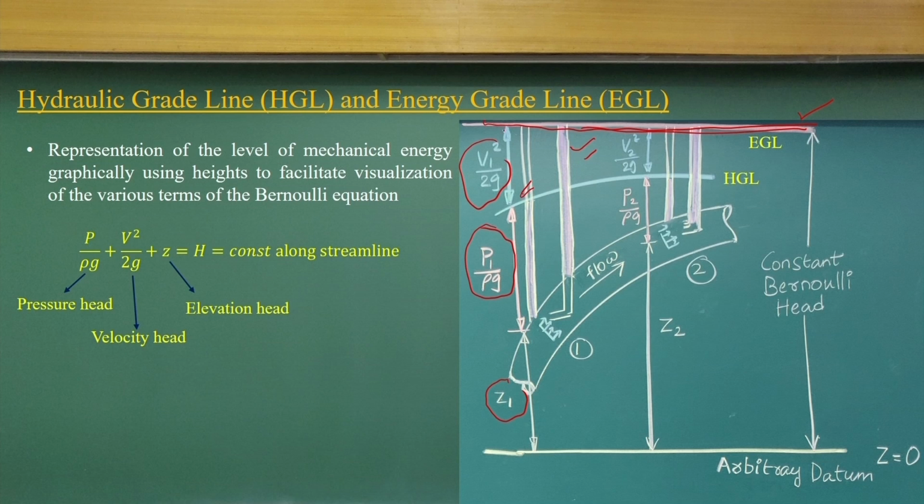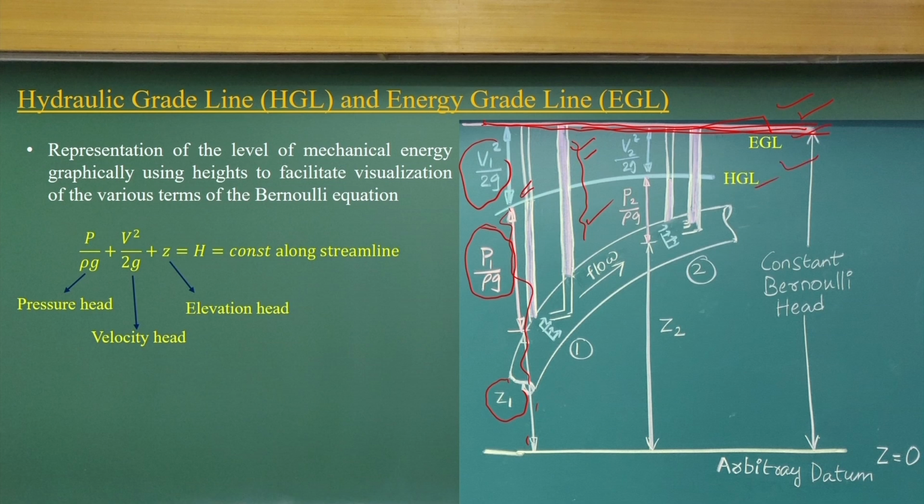So, definitely there will be a slope of the energy gradient line, and that is what drives the flow. You have an energy gradient line, and you can use a pitot tube and piezometers to measure the hydraulic gradient and the energy gradient line, and then we can sketch it to get the hydraulic gradient.